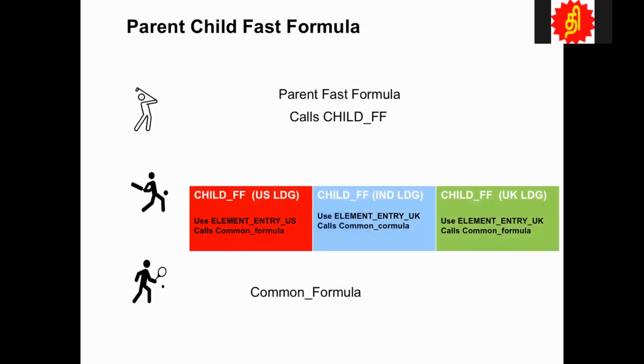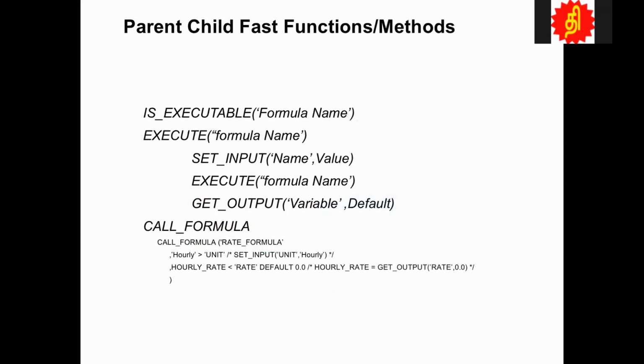So now one main formula that calls the child formula processes and goes back, whichever it works. Now we see the functions or methods used. There's something called is executable.